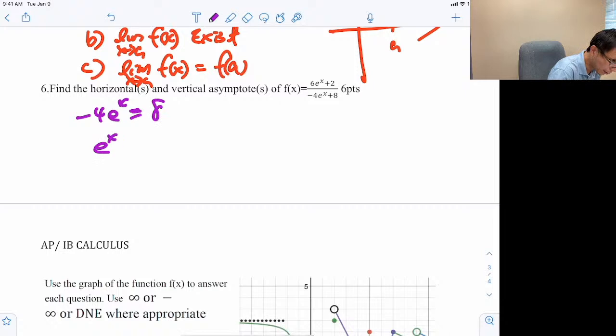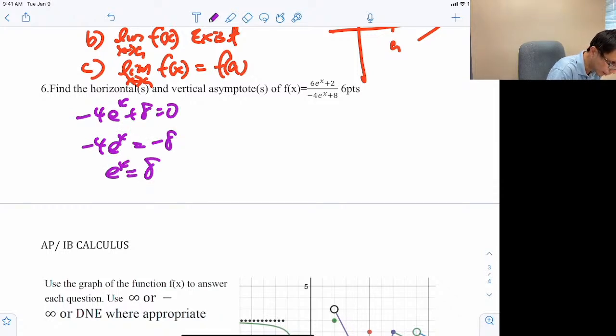This is the second time I asked the same question. One asked for the non-removable one. Sorry, let me do that properly, because I'd rather do things properly. So minus 4 e to the x plus 8 equals 0. Minus 4 e to the x equals -8. e to the x equals 2.